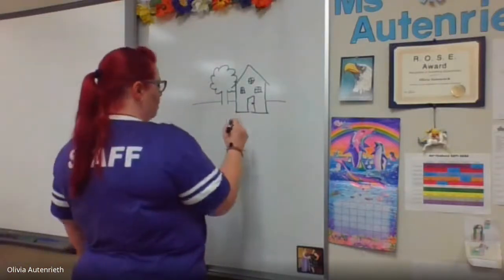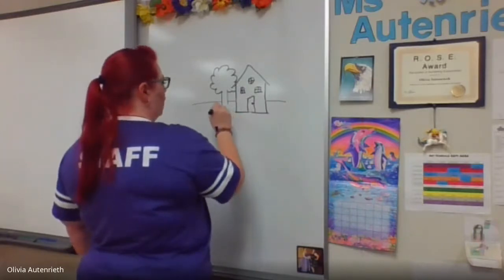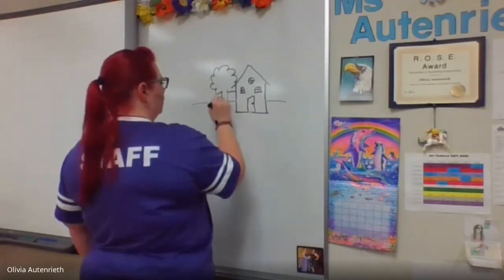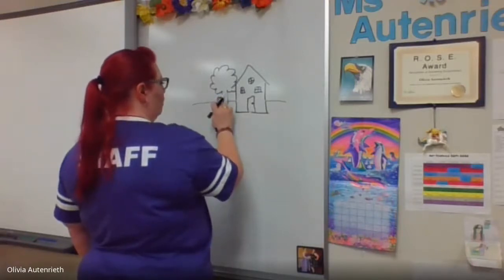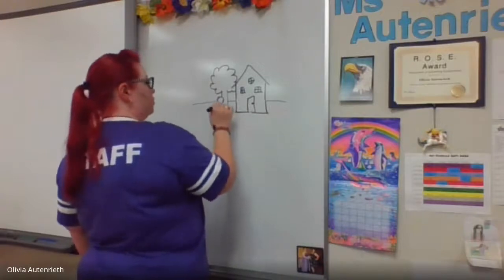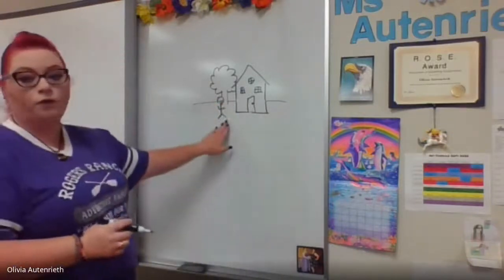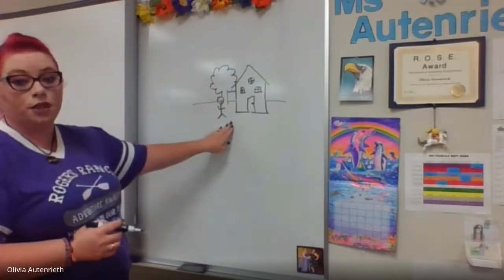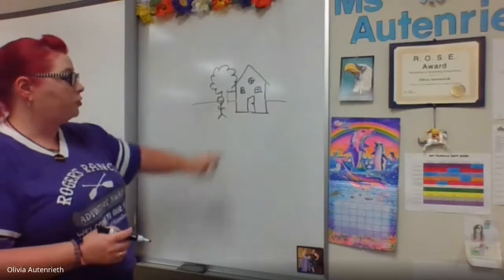And then down here, you can add your person. And if you can notice, I drew them bigger than I'd have before. That means my person is closer to me. The front part of the person is farther down than the house, and the house is farther down than the tree.